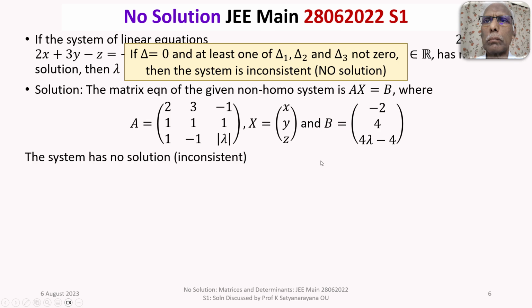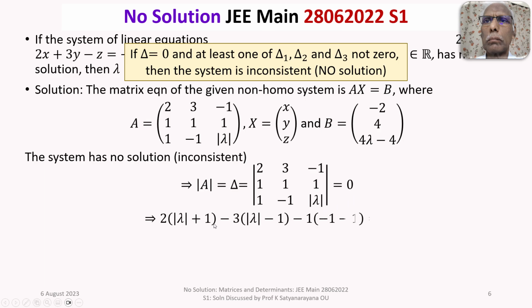So, first let's see delta. Determinant of A is equal to delta, and it is equal to 0. Expanding this determinant by its first row, and simplifying, we get minus mod lambda plus 7 is equal to 0.